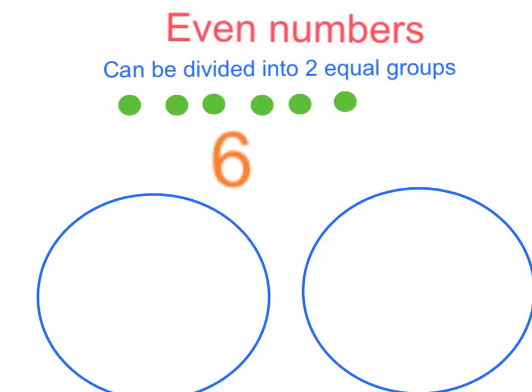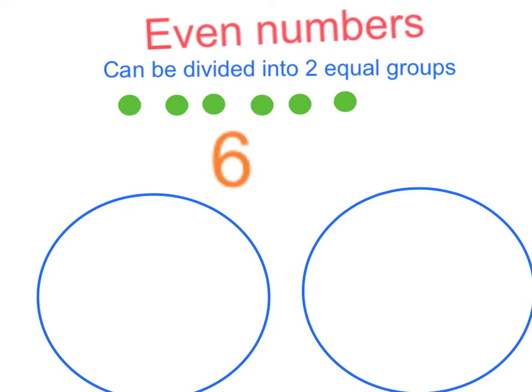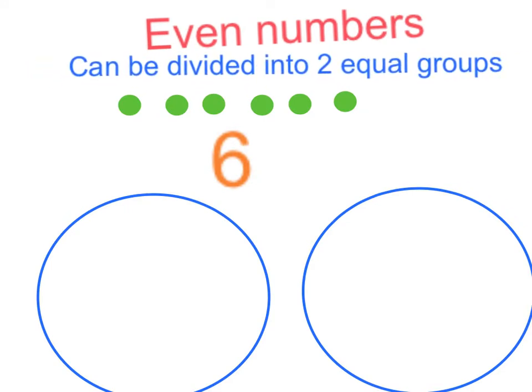So in our last lesson we discussed how if we have an even number, we know it's an even number because it can be divided into two equal groups. If it's an odd number, it won't be able to be divided into two groups equally. For example, 6 we know is an even number, and here I've got our 6 counters, and we can see that if we were going to divide those 6 counters, they could go into these two groups equally.